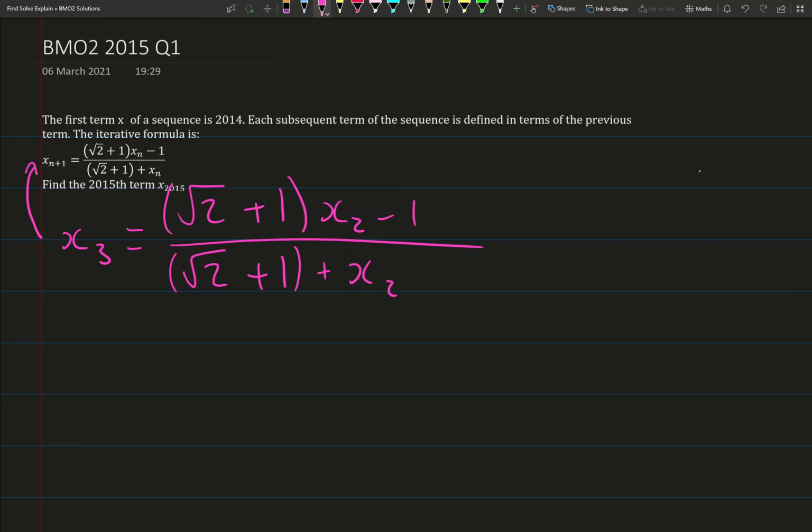So this x_{n+1} doesn't really tell you much.